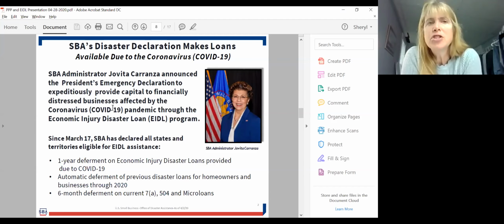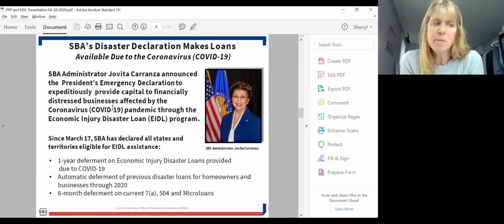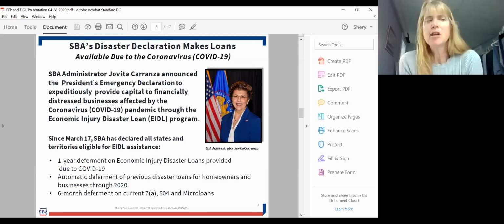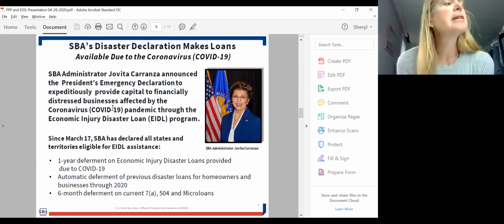If they don't accept it, or they accept it for a lesser amount, the money goes back into the pot. So they're holding off right now on new applications, not for the 30 days, but just until they get the pot back up to where they feel that they can take more applications. So just because the lender portal is closed doesn't mean that people can't in the future apply for an EIDL loan or advance.